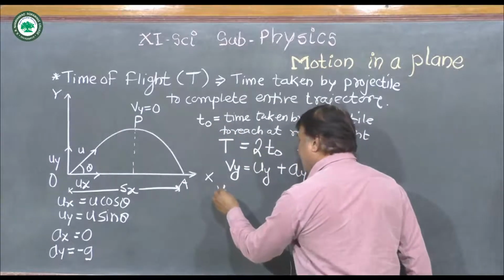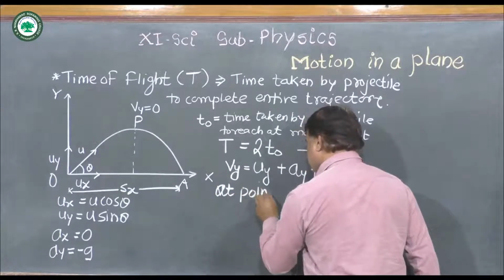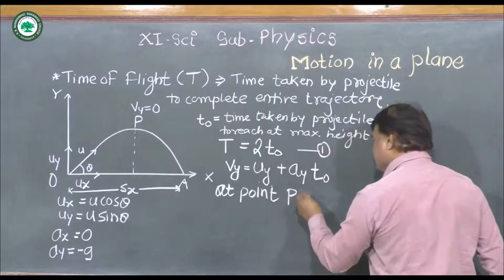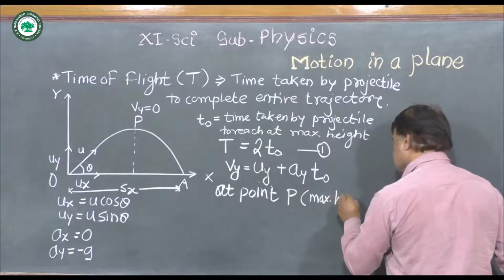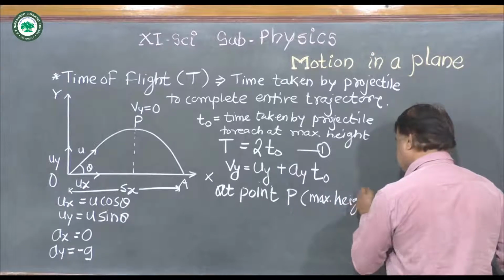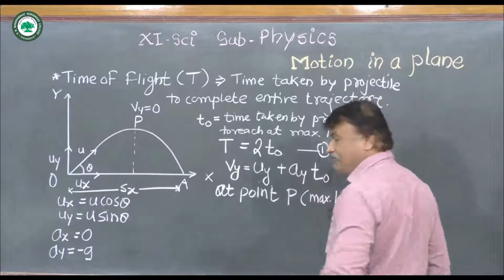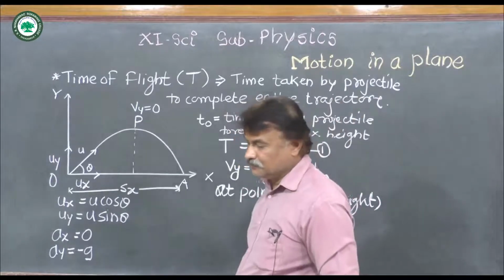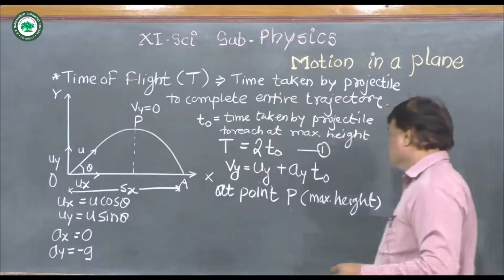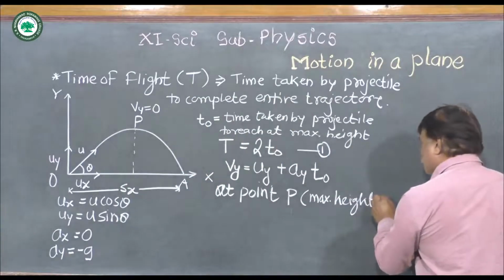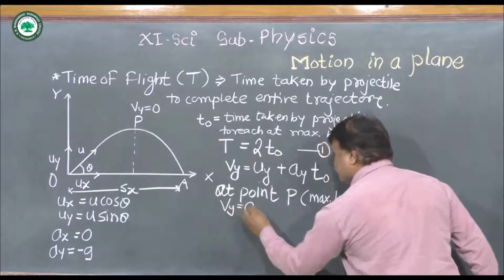Therefore at point P, at maximum height, Vy is equal to 0, which means velocity at that point is 0.